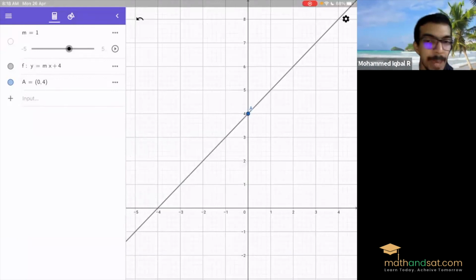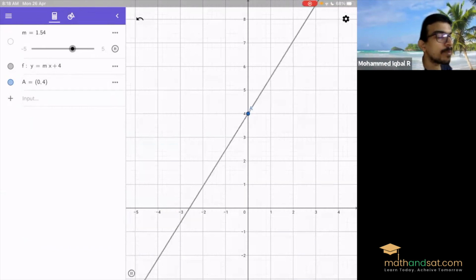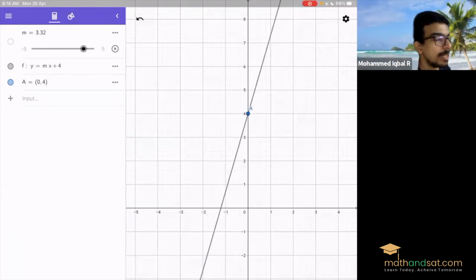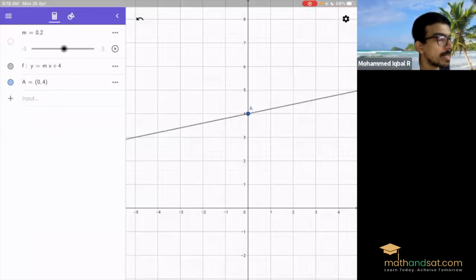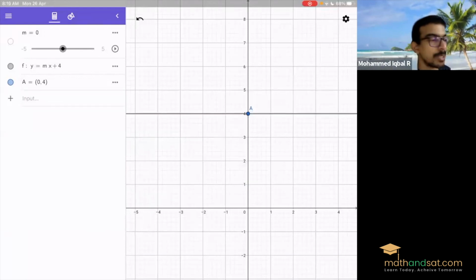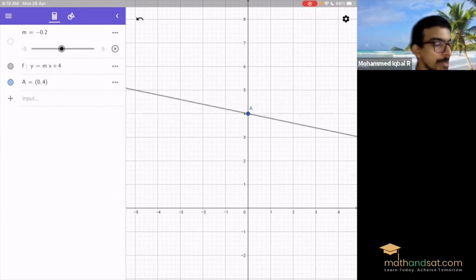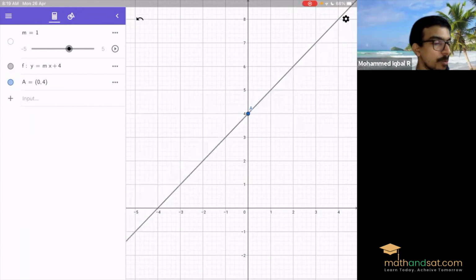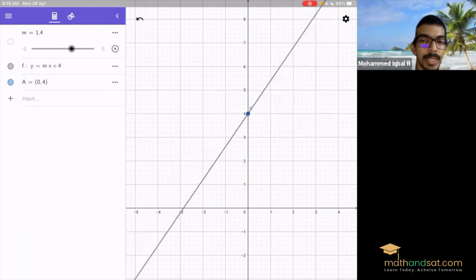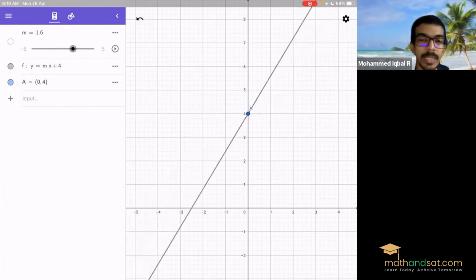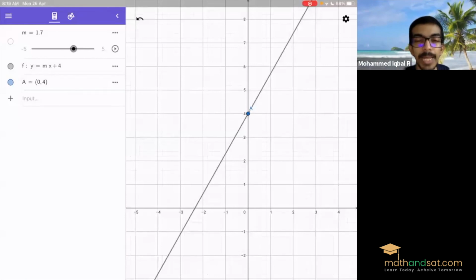If I increase m, what happens? Let's start from 0. Currently, the line is horizontal. If I increase the slope to a positive number, what really happens? See, the slope is getting higher and higher.